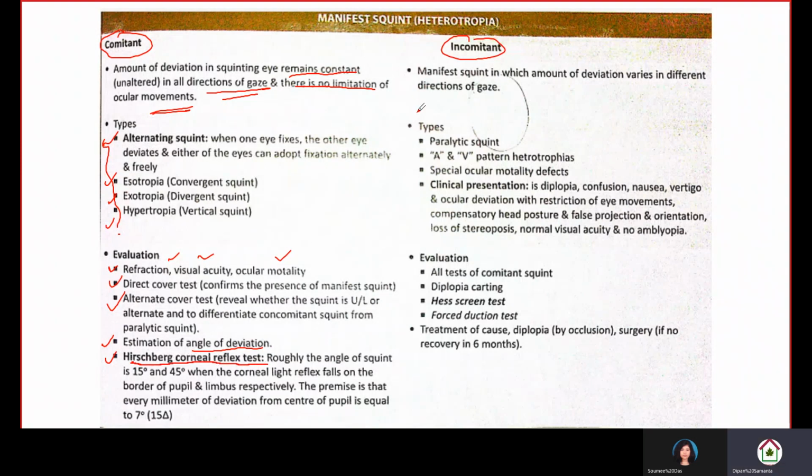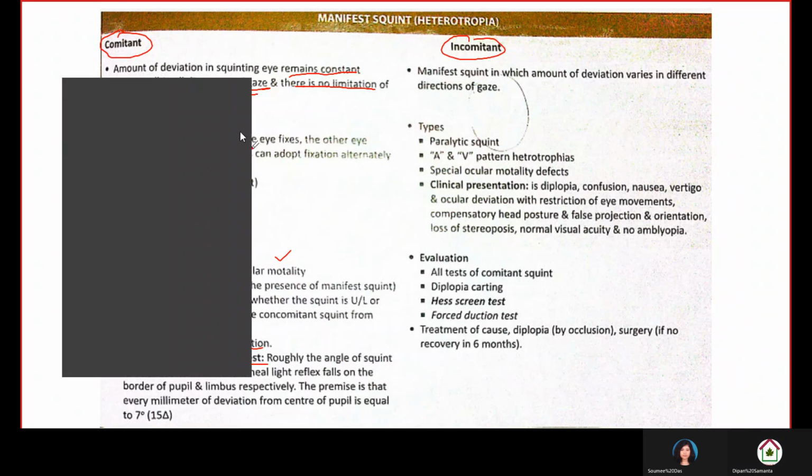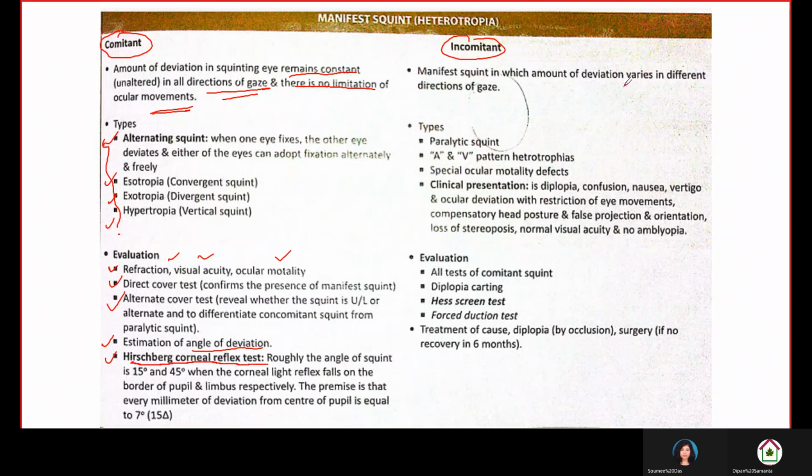And incomitant is manifest squint in which the amount of deviation varies in different directions of gaze. That is incomitant. And types are paralytic squint, A and B pattern heterotropias, and special ocular motility defects.